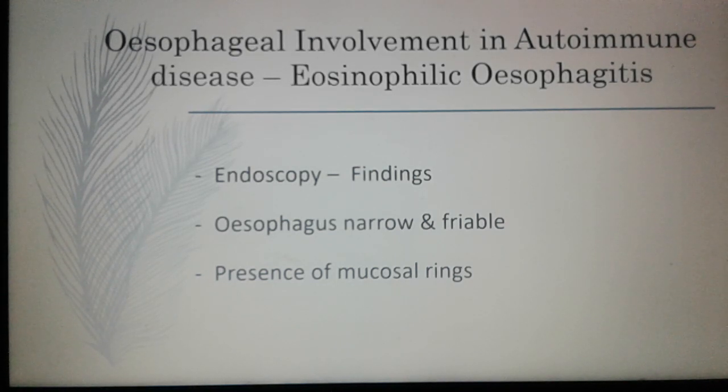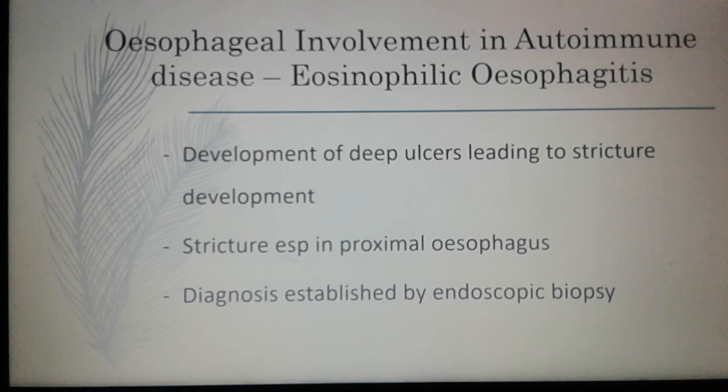Various mucosal rings we can see with a narrow esophagus and friable tissue. On endoscopy, we can also see deep ulcers leading to stricture development, especially in the proximal esophagus, which is most commonly affected in these patients. By taking an endoscopic biopsy and sending it for histopathology, we can establish the diagnosis.